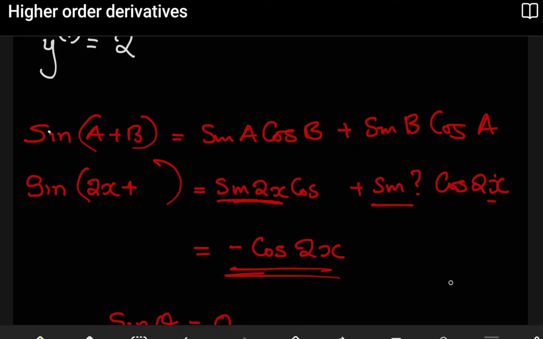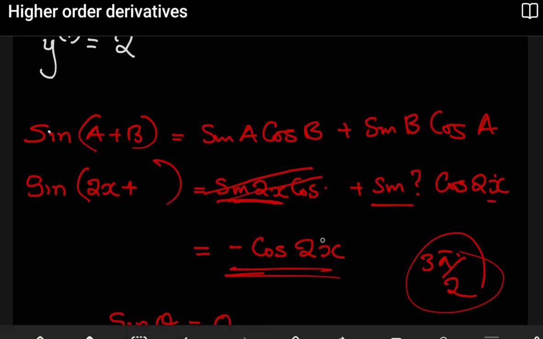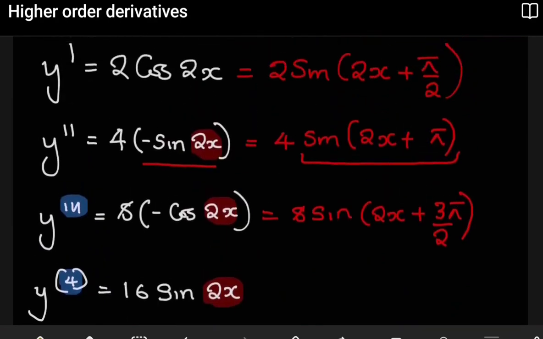Sine gives us 1 at 90 and at 270. It will only give you negative 1 at 270, and 270 is 3 pi over 2. And if you tried cos 270, it will give you 0, meaning this will die out, and this will give you negative 1, ensuring that the answer is negative cos 2x. That is how we end up with this one.